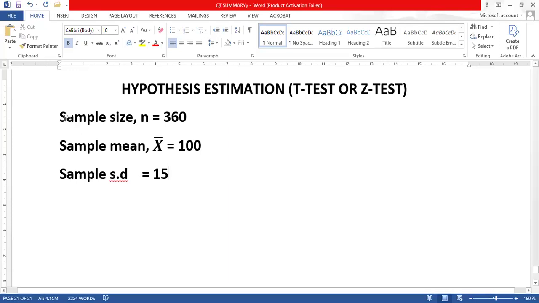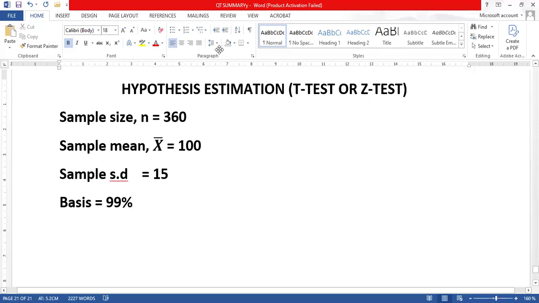When you're looking at population size, the sign is capital N. Okay, so we are estimating based on a confidence level of 99%. The basis is 99%.